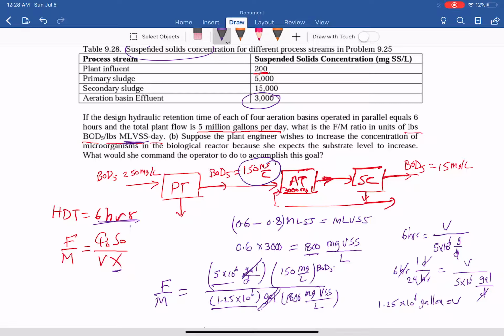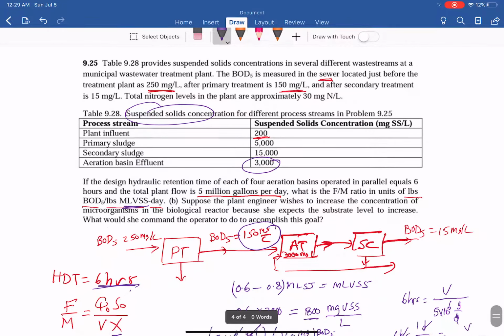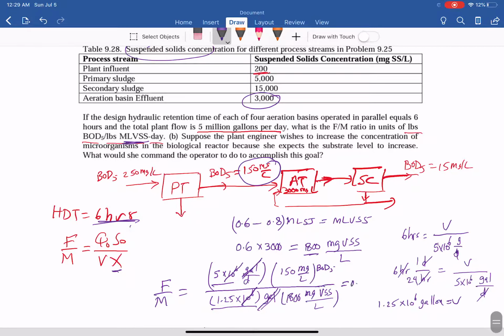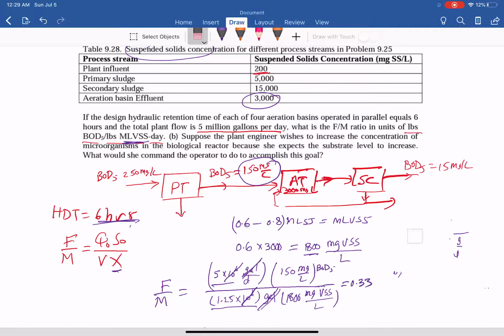So 10 to the 6 with 10 to the 6, it's 5 times 150 over 1.25 over 1,800, and that is 0.33. So now we have the F over M.